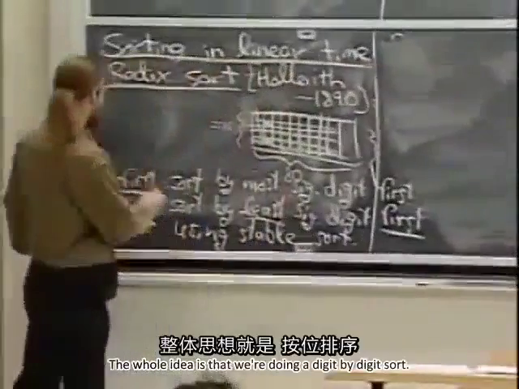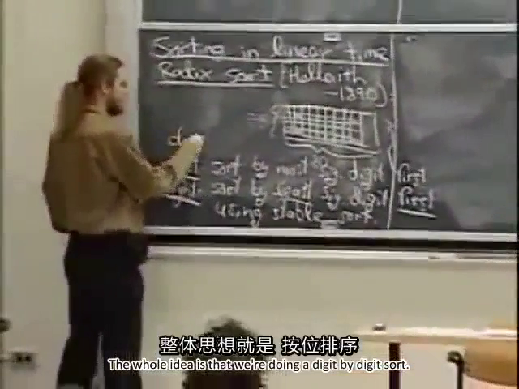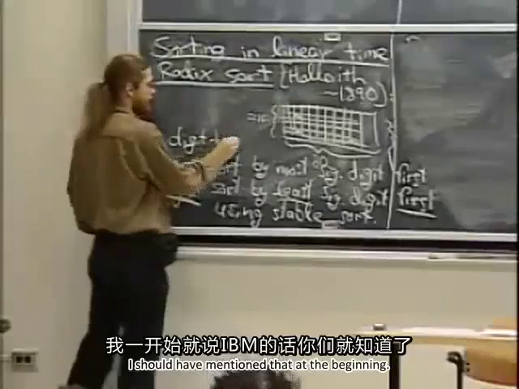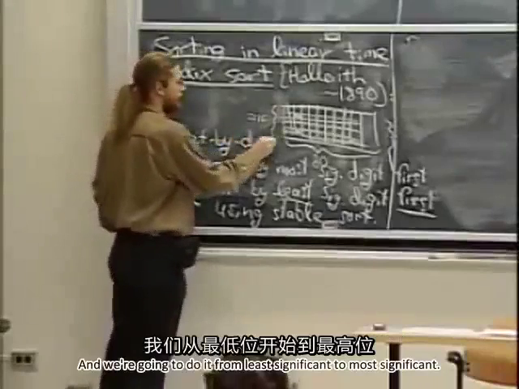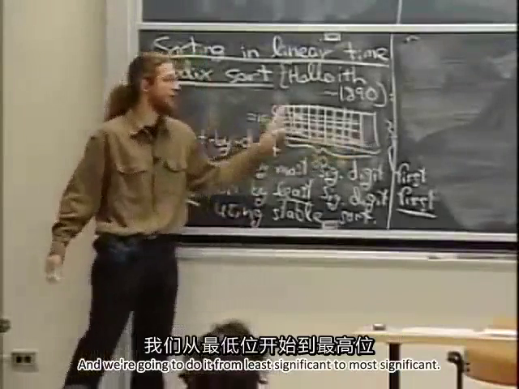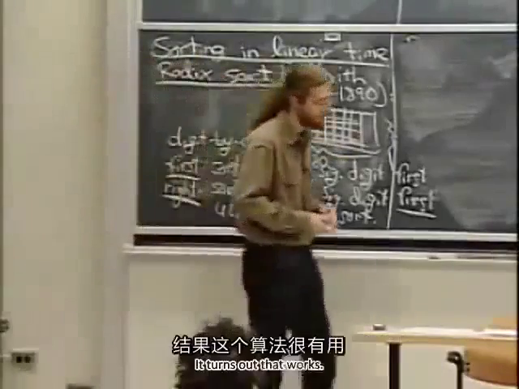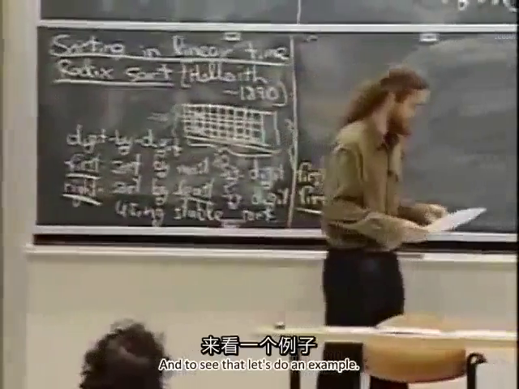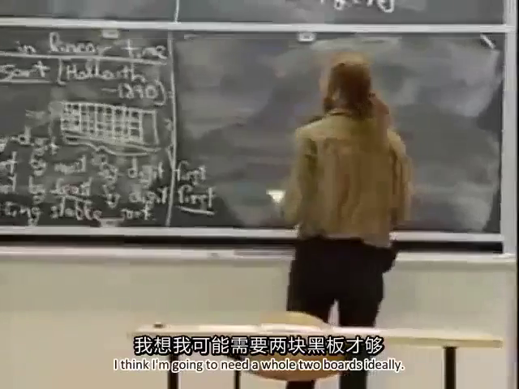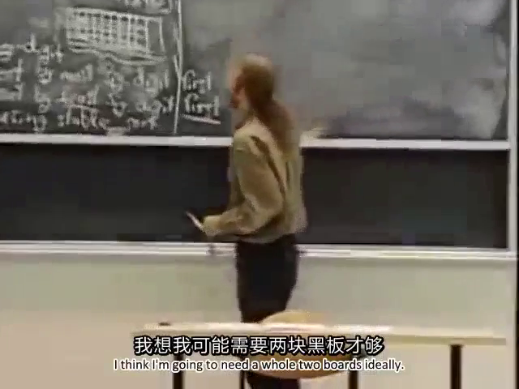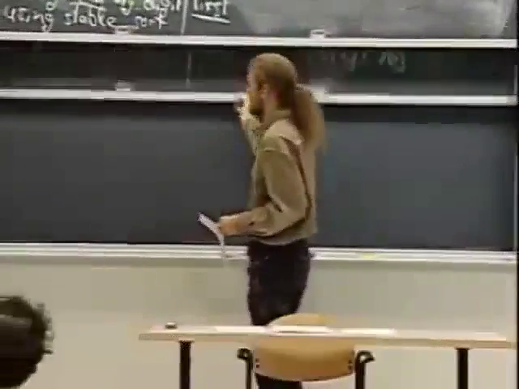Okay, so the whole idea is that we're doing a digit-by-digit sort. I should have mentioned that at the beginning. And we're going to do it from least significant to most significant. Turns out that works. And to see that, let's do an example. I think I'm going to need a whole two boards, ideally.